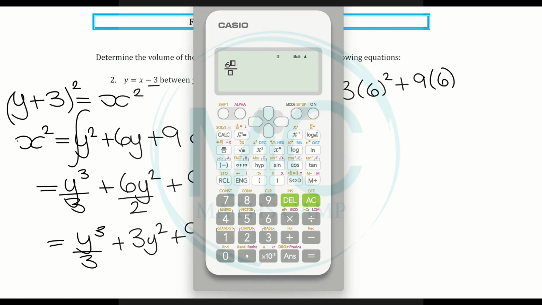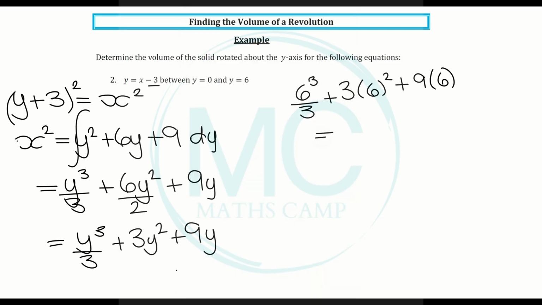We have 6 cubed over 3 plus 3 multiplied by 6 squared plus 9 multiplied by 6 is equal to 234. So we have 234. We are working with volume, so we multiply this by pi.